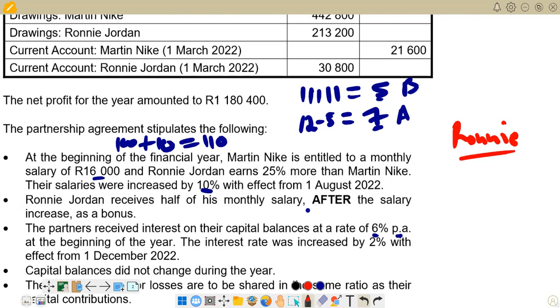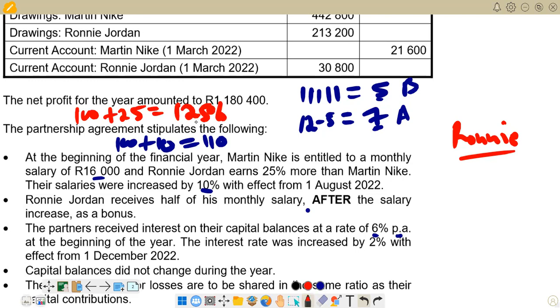So when you multiply, this one is for Martin 16,000, then Ronnie is earning 25% more. So we are saying 100% before, that is Martin is earning, plus the 25% increment, so it becomes 125%.